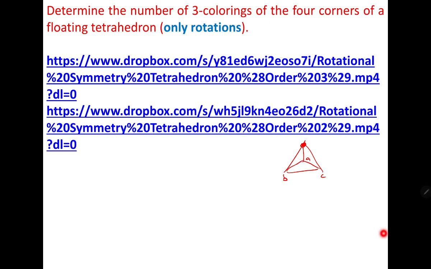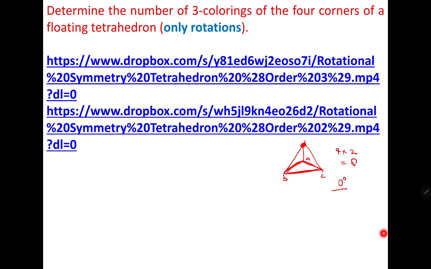In that case, the position of this triangle would change. So 2 symmetries are there, 120 and 240, for one particular vertex. 4 vertices are there, so 4 multiplied by 2, 8 symmetries are there. Now identity would be unique, so 0 degree, 8 plus 1, 9.